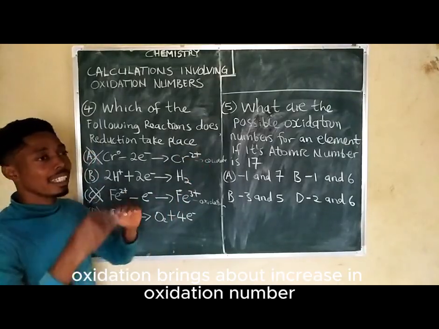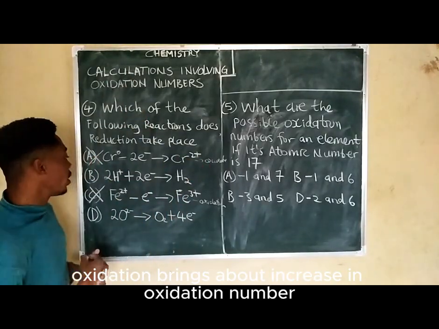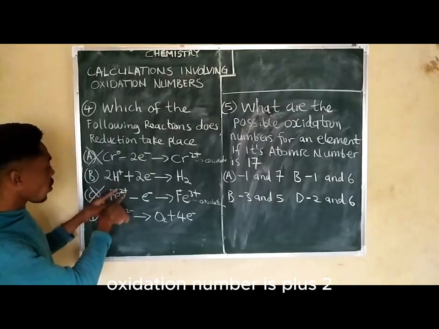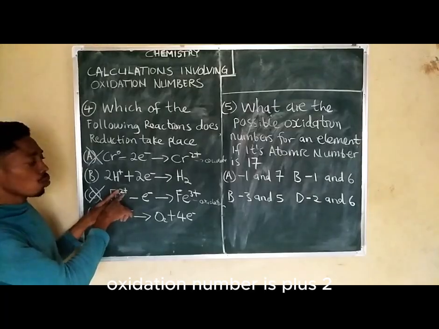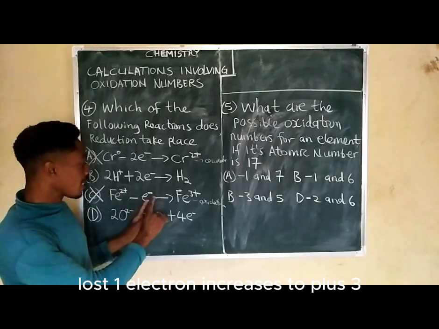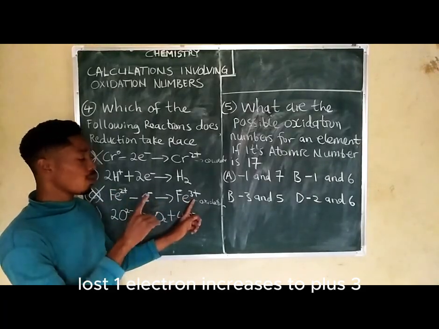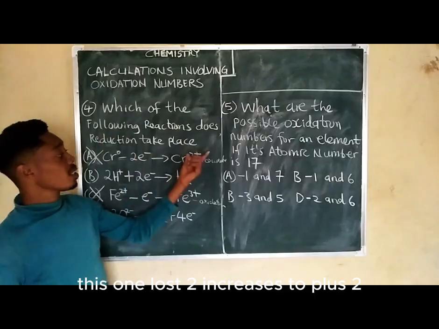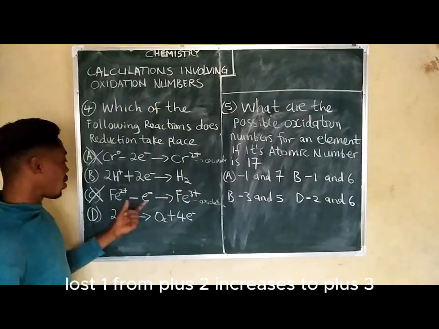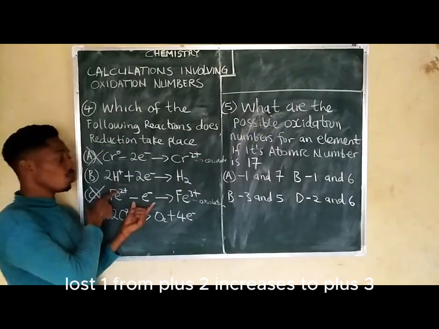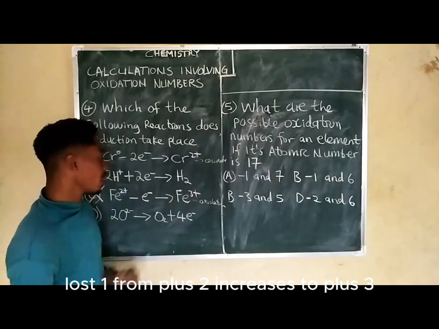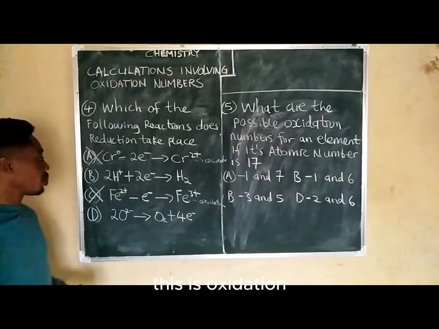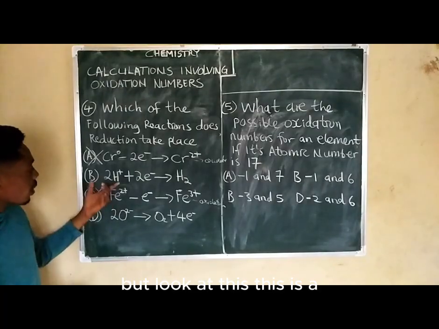Oxidation brings about increase in oxidation number. Oxidation number here is plus 2, lost 1 electron, increases to plus 3. This one lost 2, increases to plus 2. Lost 1 from plus 2 increases to plus 3. This is oxidation.